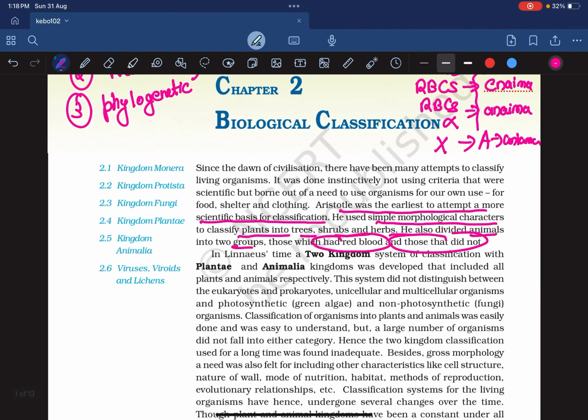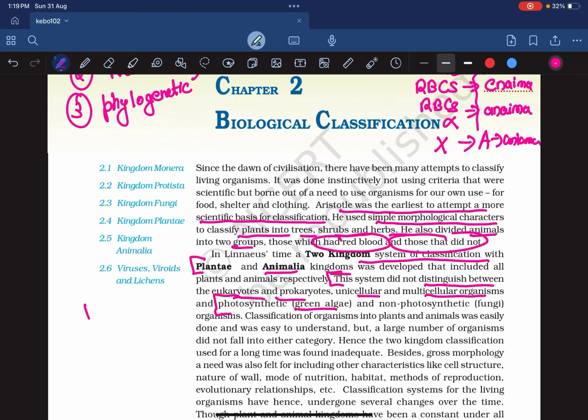Carolus Linnaeus was the first to give the two kingdom classification that included Plantae and Animalia. Simply, he distinguished between two kingdoms as one which had cell wall and which did not have cell wall. There are many drawbacks of this classification: it did not differentiate between eukaryotes and prokaryotes, unicellular and multicellular organisms, and no differentiation between heterotrophs and autotrophs.